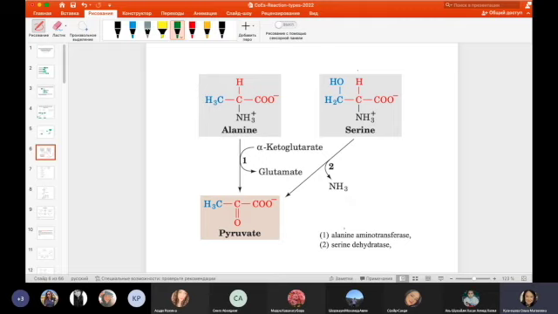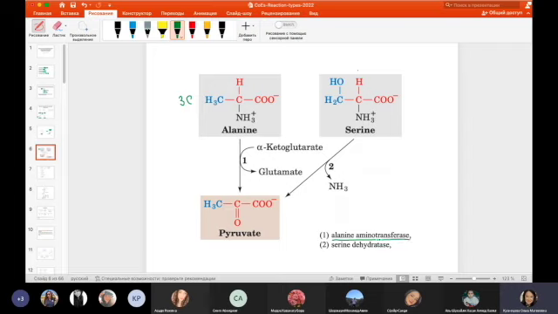On this slide, you can see the scheme of alanine and serine conversion to pyruvate. Both amino acids, alanine and serine, both contain 3 carbon atoms. The carbon skeleton consists of 3 carbons only. Both are converted to pyruvate. Alanine undergoes transamination. Reaction number 1 is catalyzed by alanine aminotransferase.